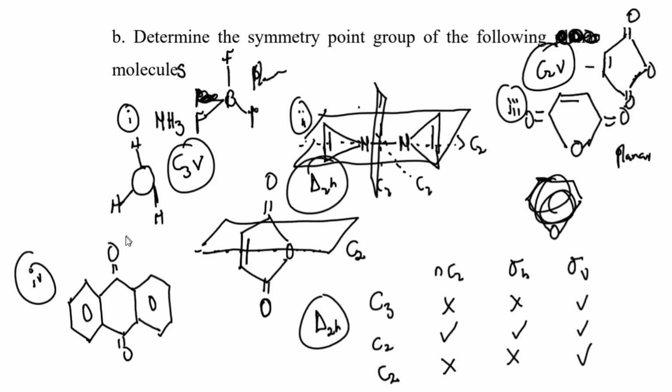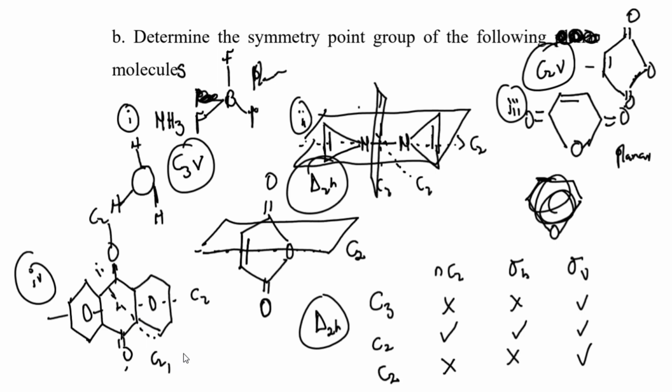So now let's look at this. So the principal axis can be this, right? So we have C2, so basically the principal axis is C2. For this last one, the principal axis is C2. So how many C2s do we have? We also have another C2 inside of it, right?